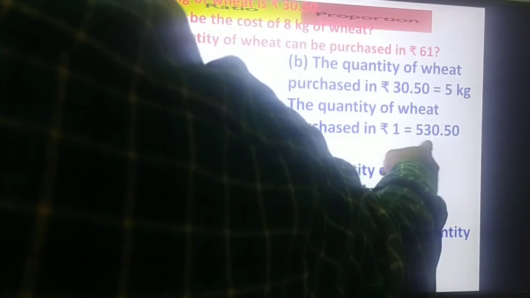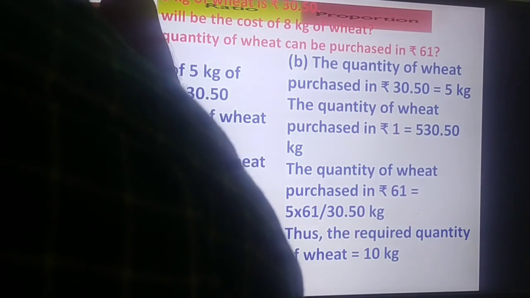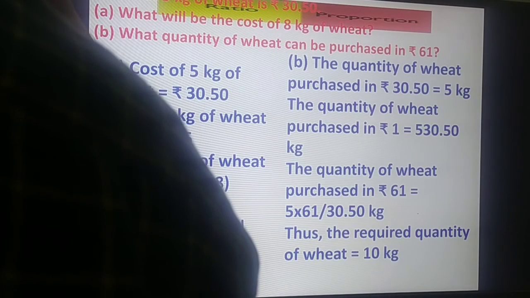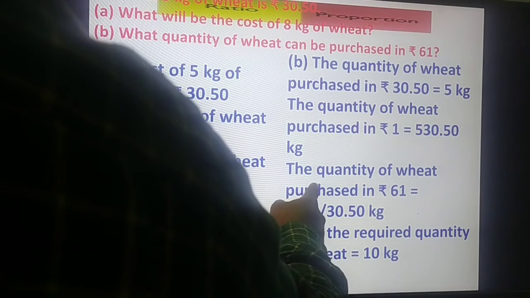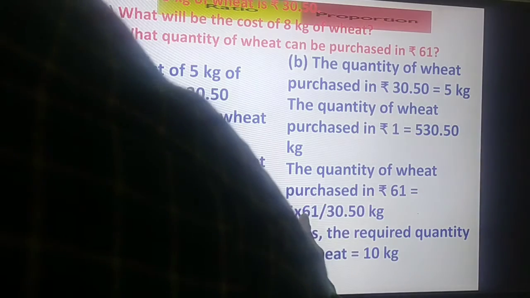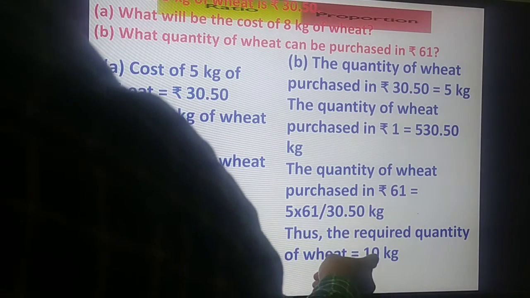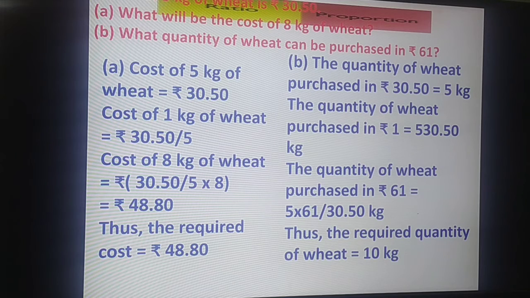It is 5 divided by 30 rupees 50 paise. And so for 61 rupees we get 5 divided by 30 rupees 50 paise, multiplied by 61. That gives the 10 kg wheat that we can purchase for 61 rupees.